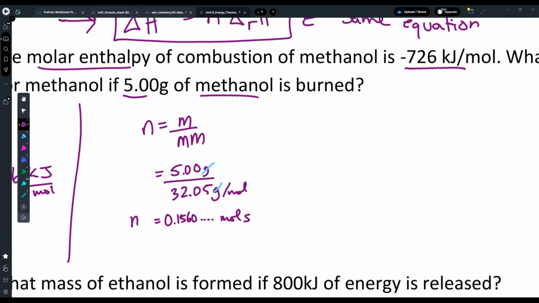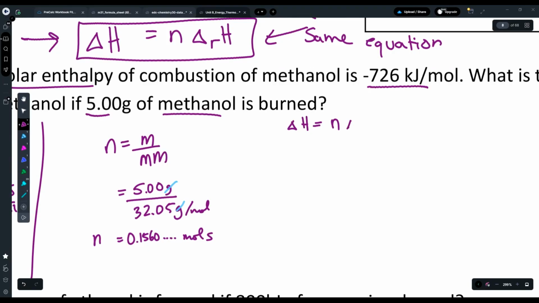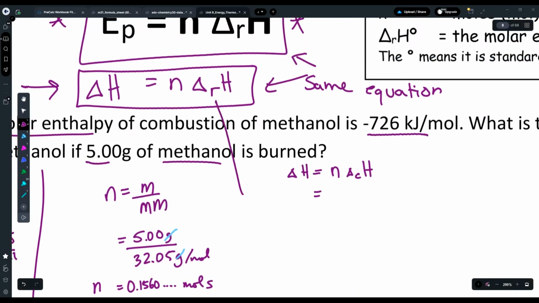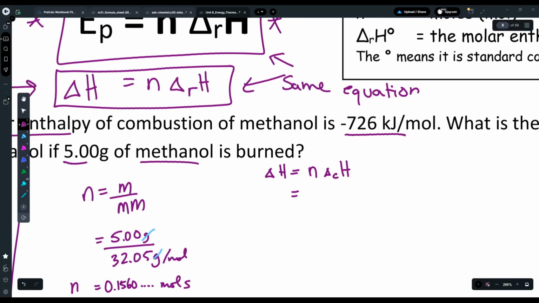All right, let's go on to part 2 of this calculation. Keep in mind this R is just a placeholder until what type of reaction you're doing is actually mentioned. Because it's a combustion reaction, I can switch that R out for a C for combustion. We calculated that we had 0.1560, goes on forever, moles.